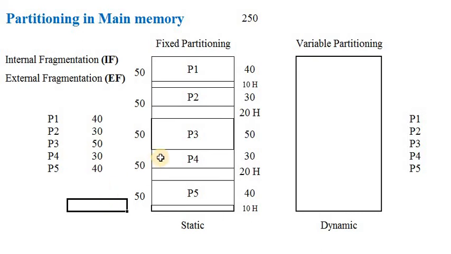How can we call these small holes? This small hole is called an internal fragmentation. So here this is an internal fragmentation, and this is also internal fragmentation, and this is also internal fragmentation. Internal fragmentation means whenever a process has been allocated to the main memory, after allocation, whenever a small hole is generated, that small hole is called an internal fragmentation.